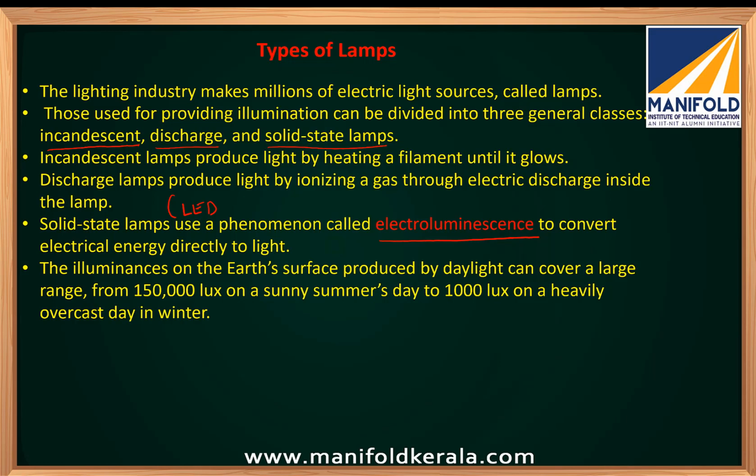So the illumination on the surface of the earth because of the sun varies over a wide range, from 1,50,000 lux on a bright sunny summer day to 1,000 lux on a heavily overcast winter day.